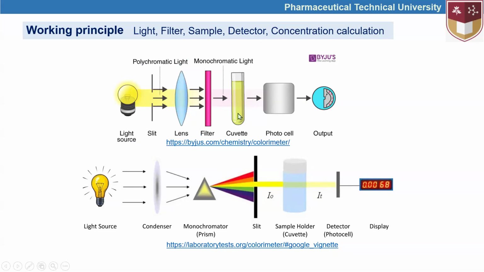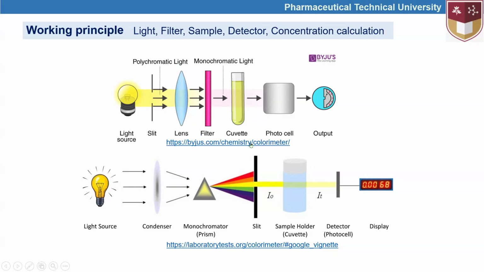Okay, these two figures are about working principles. As we talked earlier, the colorimeters are provided with light sources and filters, as shown here. Lenses are provided to condense the light, as shown here.